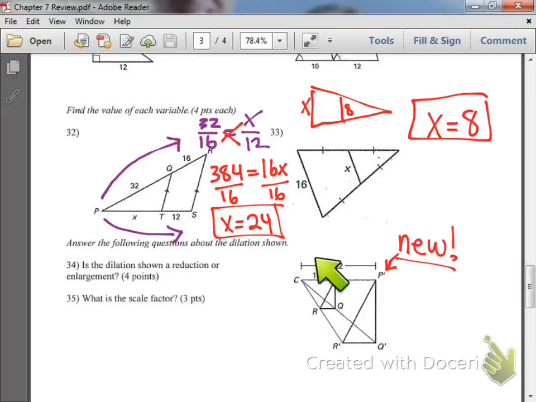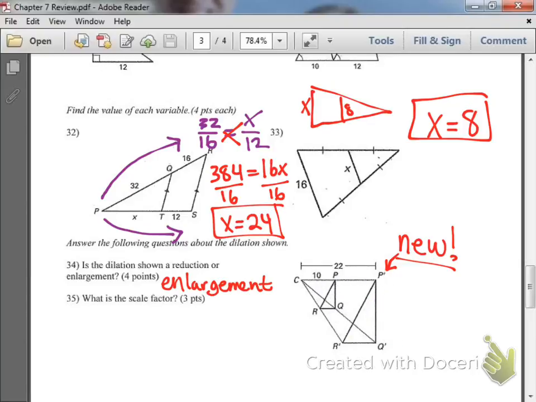This littler one, the PRQ, that's the old triangle. So did the triangle get bigger or smaller? Bigger. So is it a reduction or an enlargement? Enlargement. Good. Again, look at where the primes are. Prime, prime, prime. That's obviously bigger than your original one. If it's getting bigger, it's an enlargement.